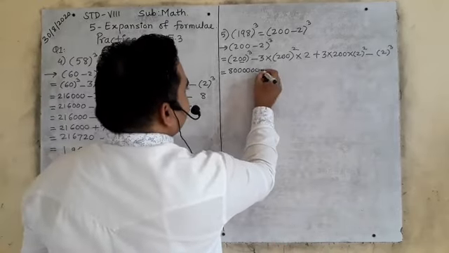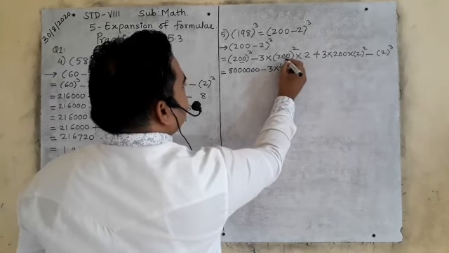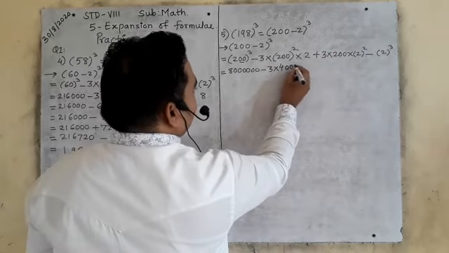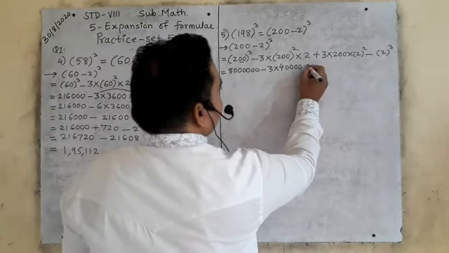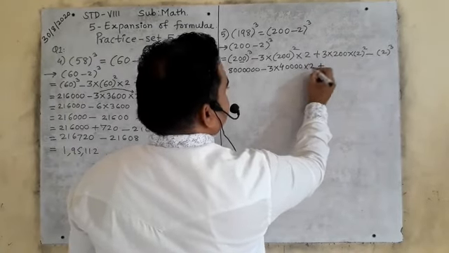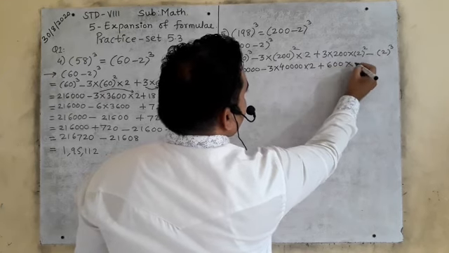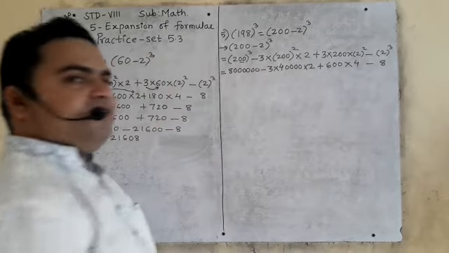Now this is minus. Now you will write 3 as it is. 2 square is 4, but 200 square, 20 20 means twice 20. Is it clear? Very simple. Now multiply by 2. Okay, plus 3 2s are 6, 2 square is 4, minus 2 cube is 8. Very simple.